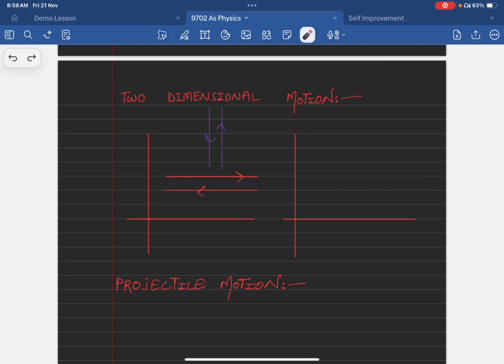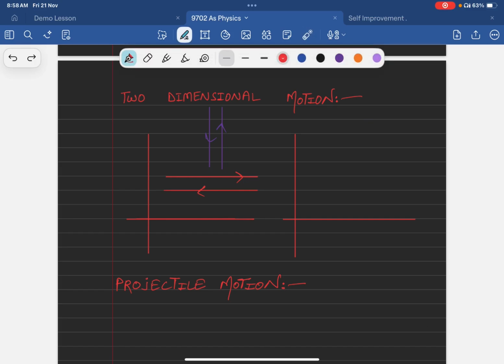The object is coming downward and forward at the same time. All of these are examples of two-dimensional motion, in which the object moves in the x and y directions at the same time. I can draw the trajectories like this: kicking a football, or throwing something from your window and it coming downwards.